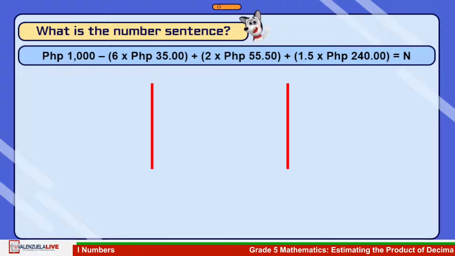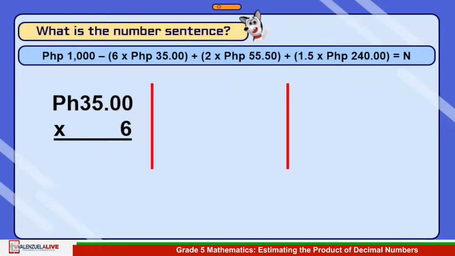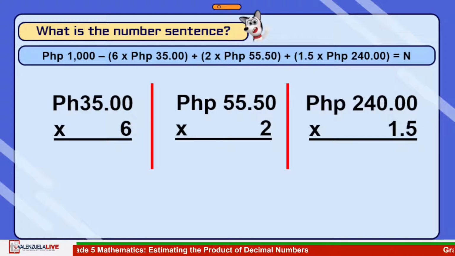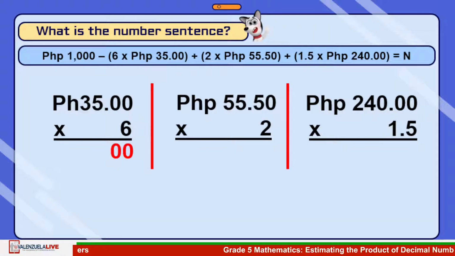Now, let us solve. Let us multiply 6 times 35 pesos, 2 times 55 pesos and 50 cents, 1 and 5/10 times 240 pesos. First, multiply 6 times 35. We have 2 zeros. Then multiply 6 times 5 is equal to what?